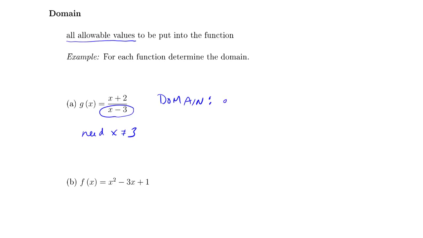One way I could say it is our domain is all real numbers except x equals 3, because all the rest of the real numbers are going to be perfectly fine when plugged in there. Or if we wanted to do it using interval notation, it would be negative infinity to 3 union 3 to infinity, which would just be all the real numbers skipping 3.